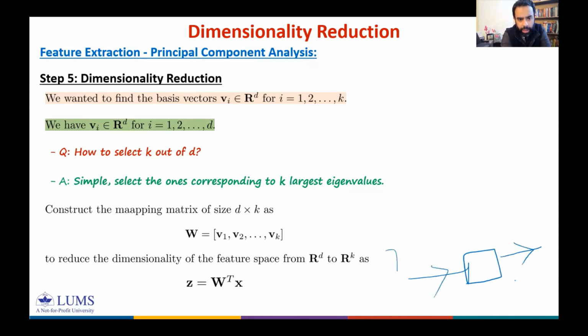We have X that belongs to R^D, and Z that belongs to R^K, and the system is defined by W transpose: Z is equal to W transpose X. So Z is a representation of X in K-dimensional space.